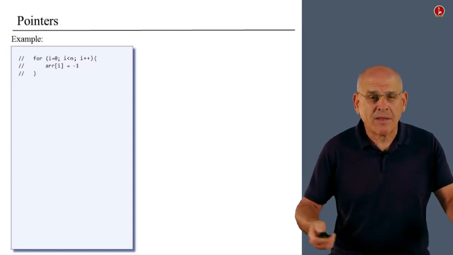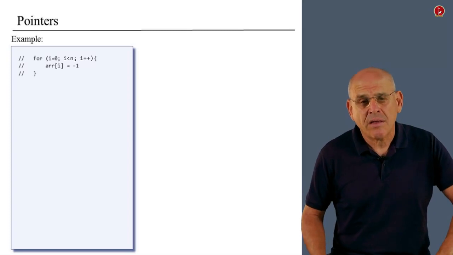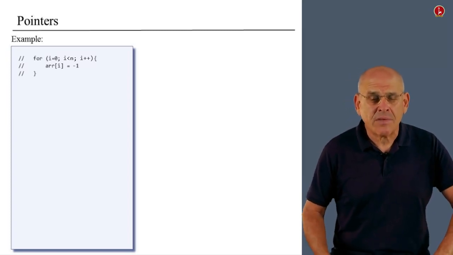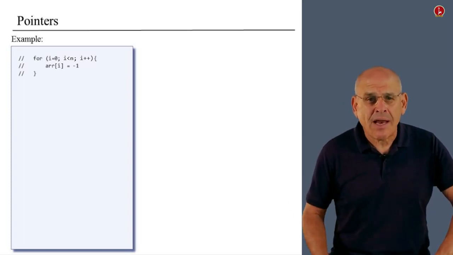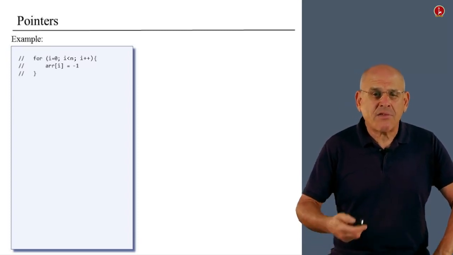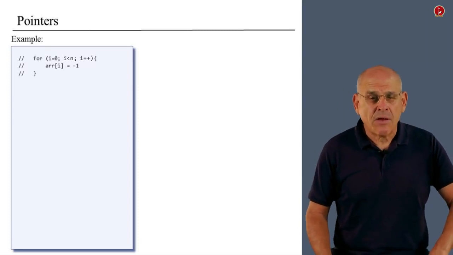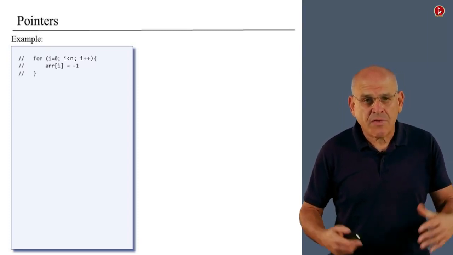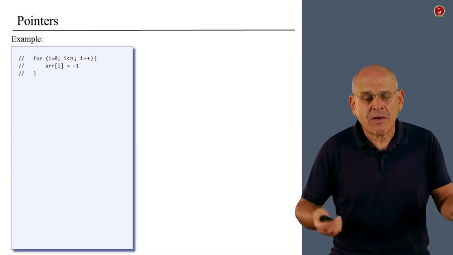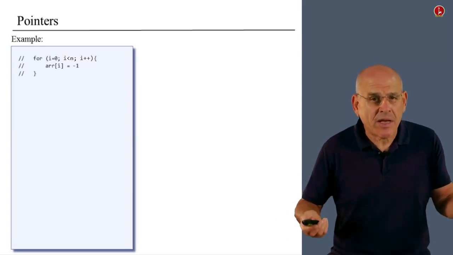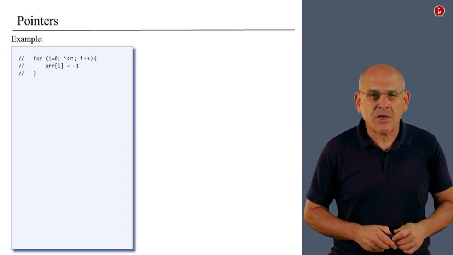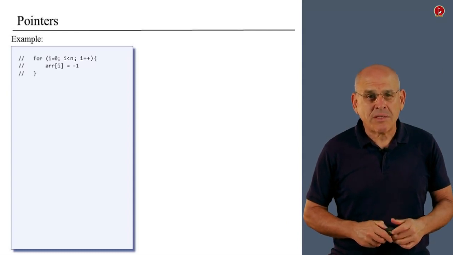I assume that this array has been declared and initialized at some point. And now I write a piece of code that sets the first n entries of this array to the value -1.